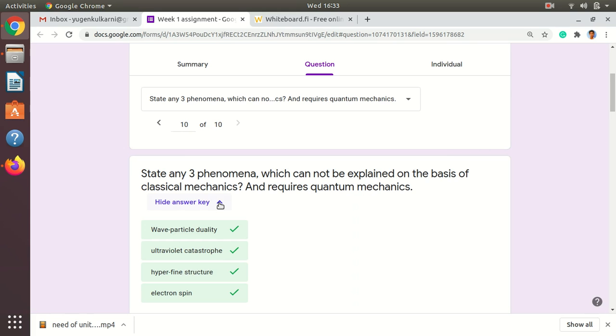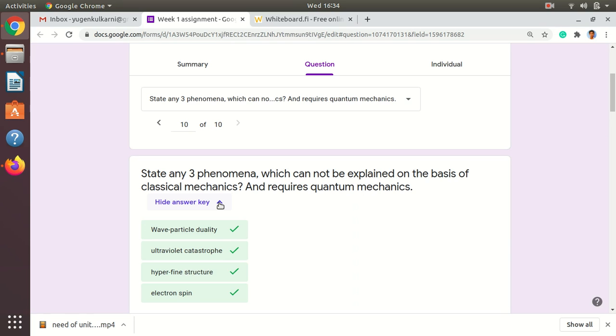Probability is not something which cannot be explained classically. We can explain probability. It is a classical concept, but what is additional in quantum mechanics is the probabilistic nature of particles. So probability is a different thing; it actually comes under quantum mechanics, but we can explain probability.